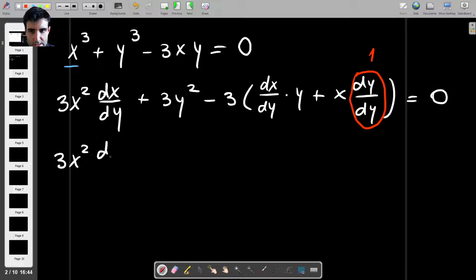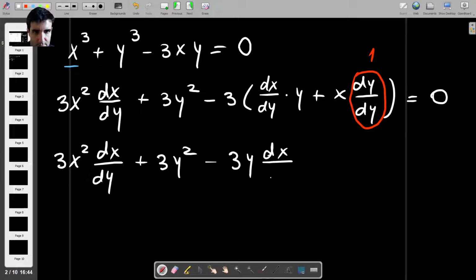Now of course dy by dy is just 1, so we can write this as 3x squared dx by dy, plus 3y squared, minus 3y dx by dy, and then minus 3x is equal to 0.